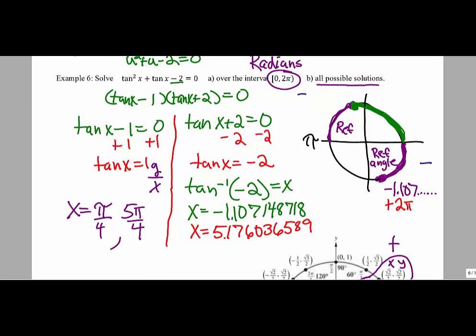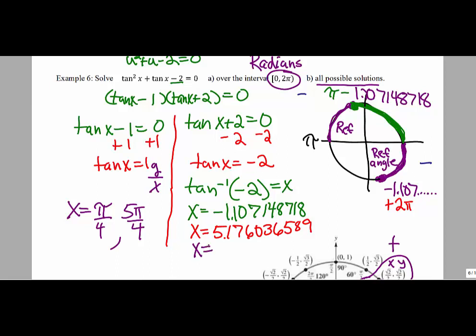So we're going to say pi minus that reference angle 1.107. So when you put that in your calculator, subtracting off that reference angle from pi, then we actually get this angle in green that we want, that quadrant 2 angle, that also has a tangent value of -2.